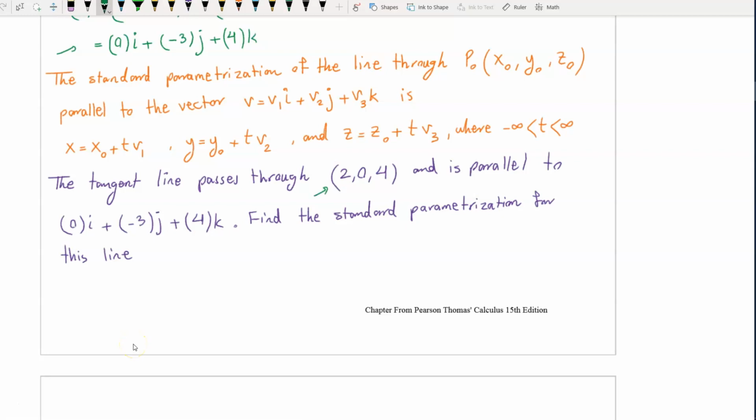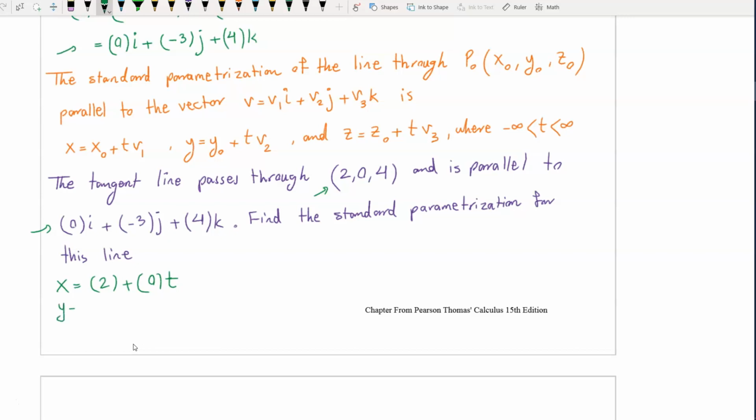So based on this point, here we have x naught, y naught, and z naught. So x is equal to x naught, it is 2, plus here using what we have here, it is 0 times t. So this is v1, v2, and v3. v1 is 0, v2 is negative 3, and v3 is 4.